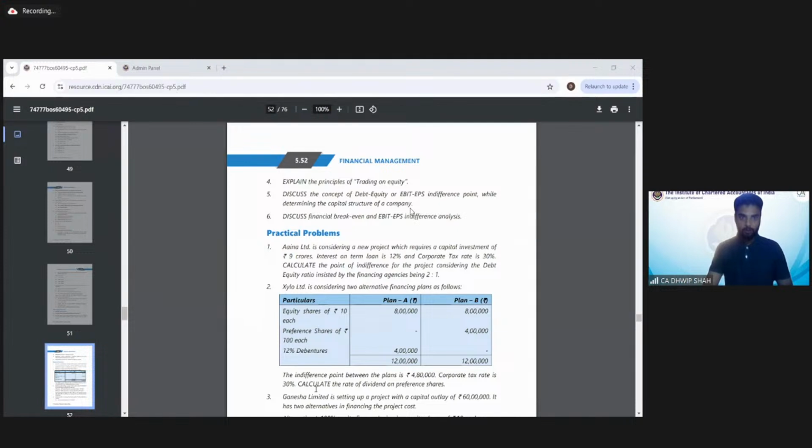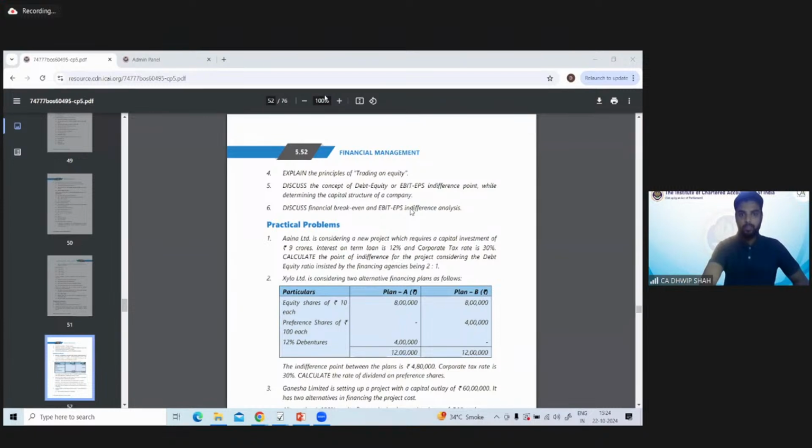Now, can you see the module? Question 1. Everyone?